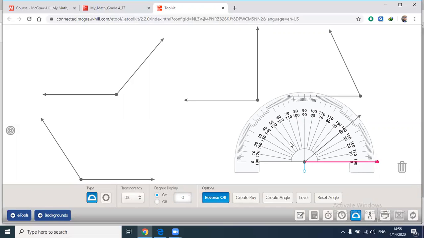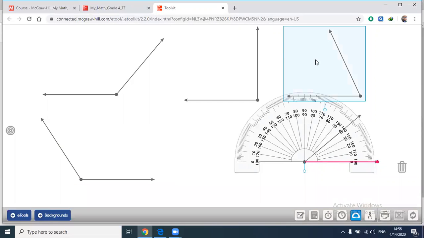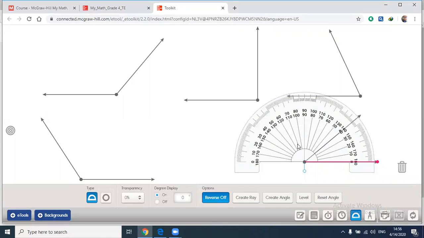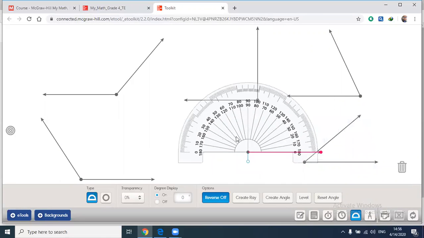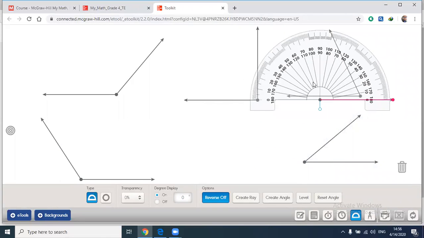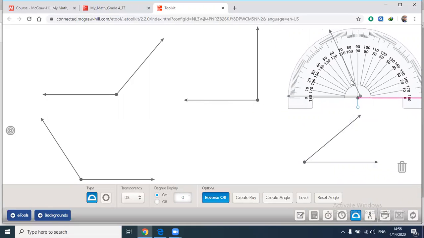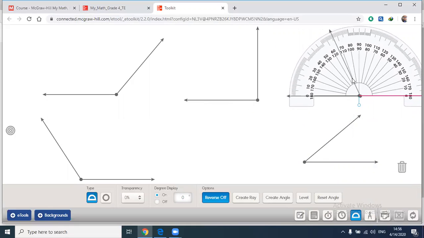What if the angle opens from the other side, like this one? It's okay, no problem, I can measure it. Place the center of the protractor on the vertex of the angle.